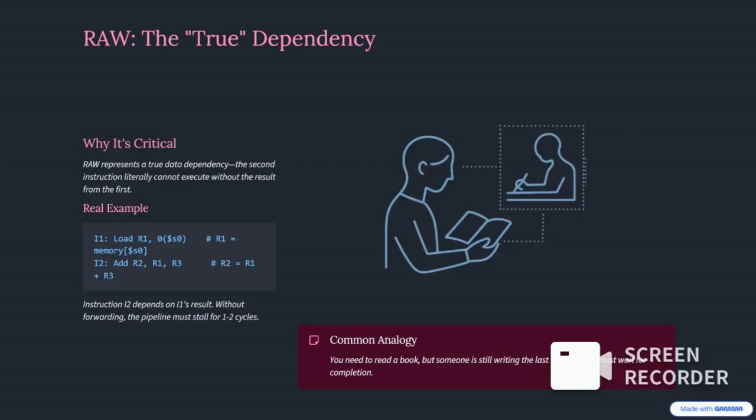A simple analogy: you can't read the last chapter of a book if the author is still writing it. Because of this, the CPU may introduce a stall, meaning it pauses for a few cycles. During this time, the processor is basically waiting, which reduces performance. That's why RAW dependencies are a major bottleneck.